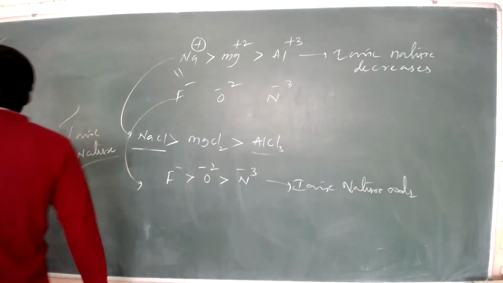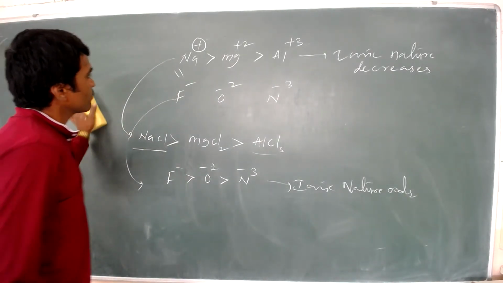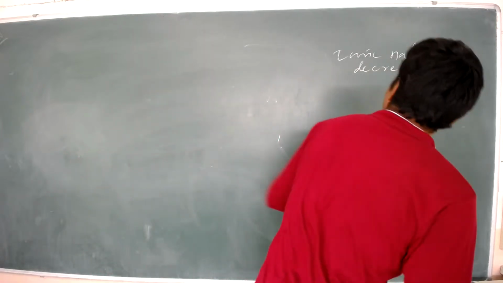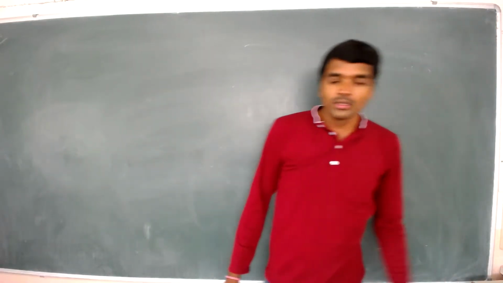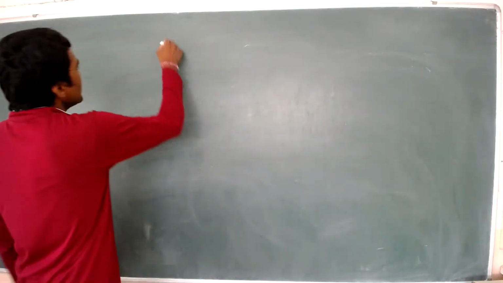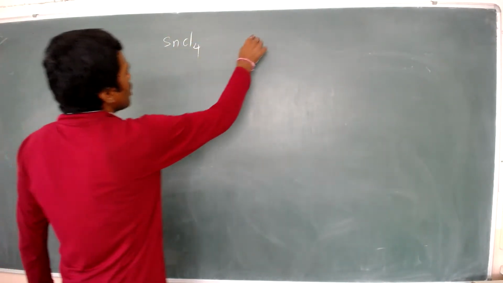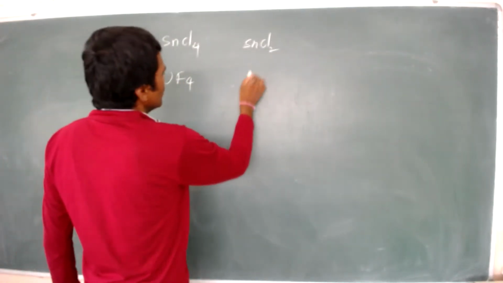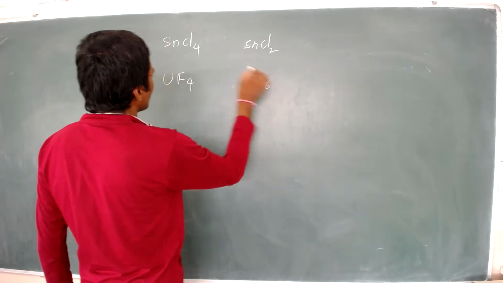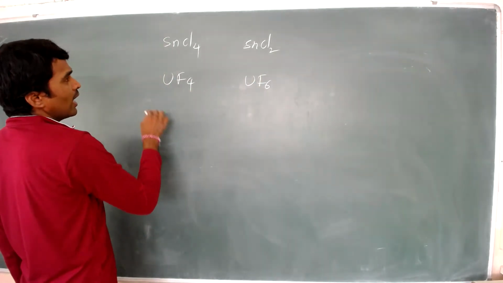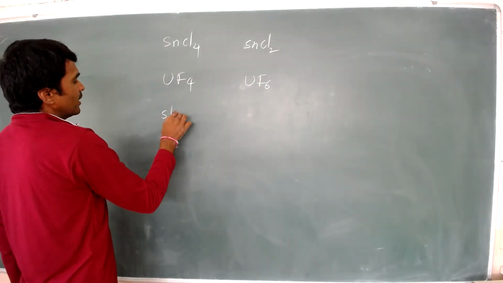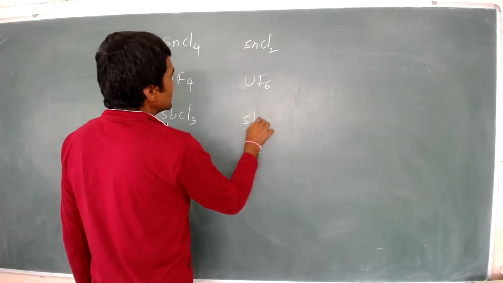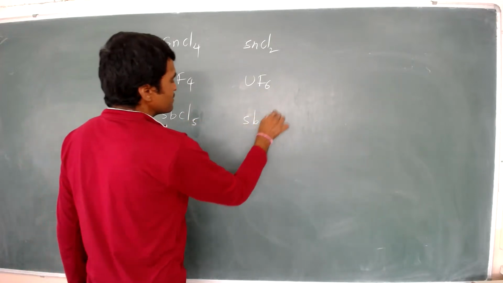And the fourth point is the comparison. Now see, here I am taking SnCl4, SnCl2, UF4, UF6, and antimony, SbCl3, SbCl5.